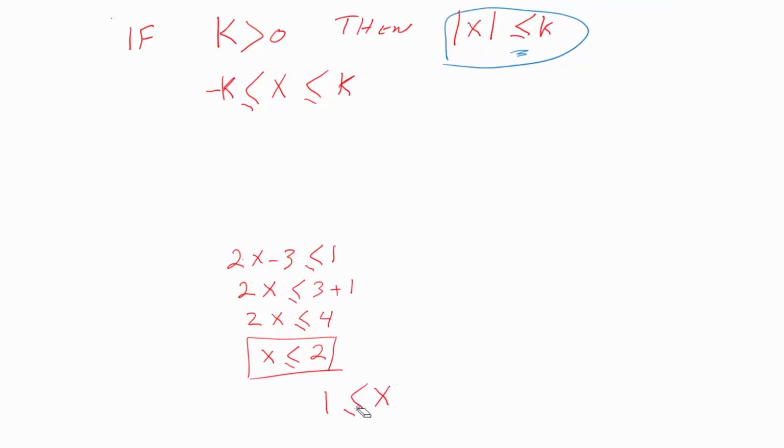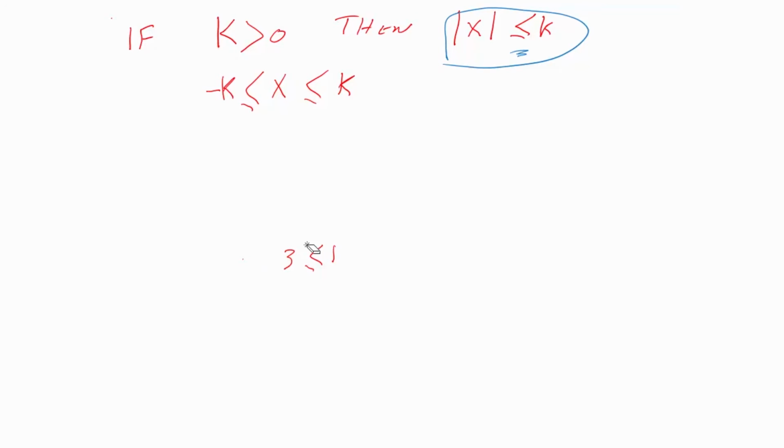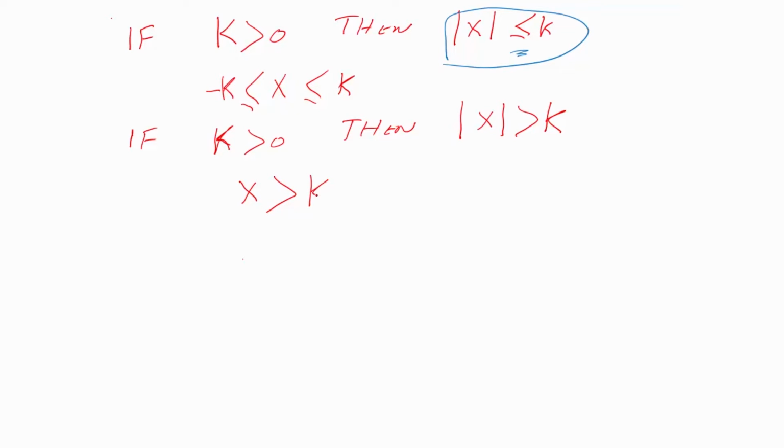The second rule in solving inequalities that involve absolute value says if k is positive, then absolute value of x greater than k means that either x is greater than k or x is less than minus k.